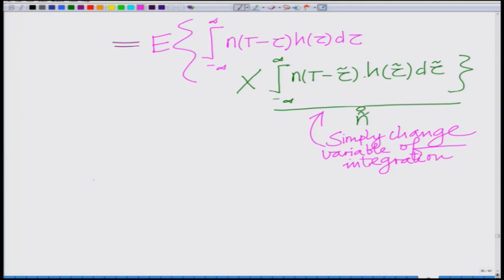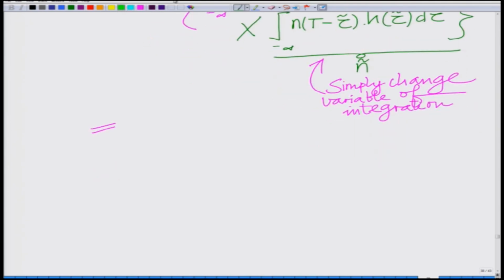But now, let us simplify this product. I can write it as a double integral, which is very interesting.